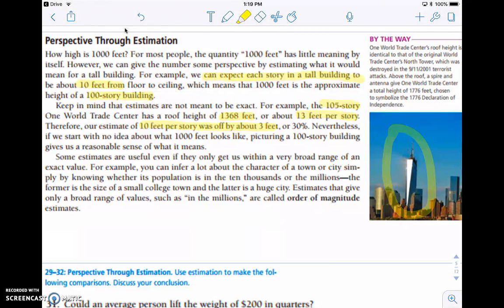However, if we have no idea what 1,000 feet looks like, picturing a 100-story building gives us a reasonable sense of what it means. And so when you're trying to estimate, you're trying to bring it into terms of something that makes sense to you.